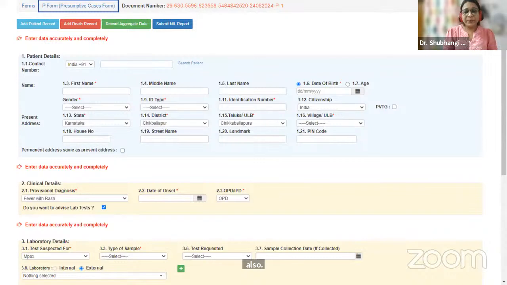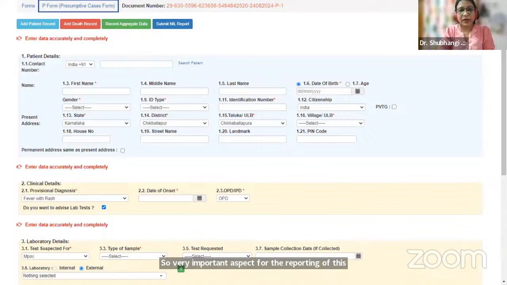A very important aspect is the reporting of these Mpox cases, because we have been engaging the IDSP district-level lab network. So all the PFORM users will be aware of how to report it on the portal. When they log into the portal, they will see a format in which they fill up the patient details, very basic information that is usually captured.